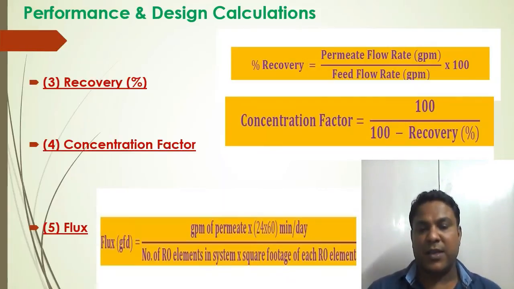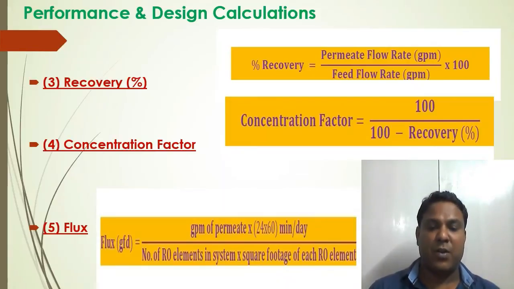That gives the area. So this is all about how much water flows per unit area. This is one of the major performance parameters that tells about the effectiveness of membrane performance, and it is calculated as told in the equation.